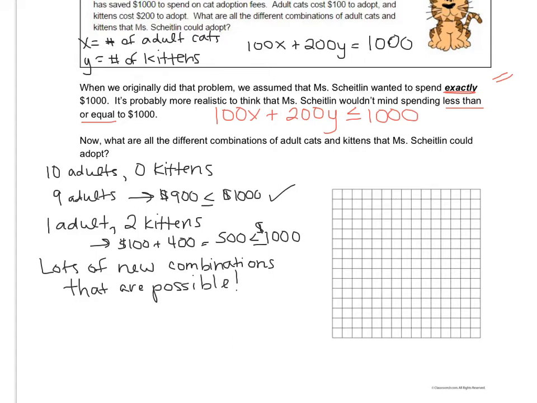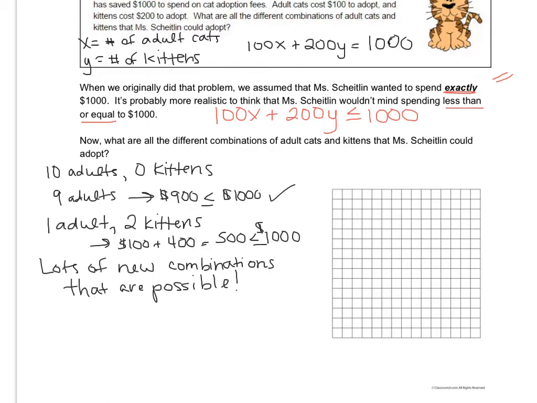So what I want us to do now is actually graph this and see what it looks like. Remember that we've graphed the equation 100x plus 200y equals 1,000 before, and we did that using what we know about standard form.